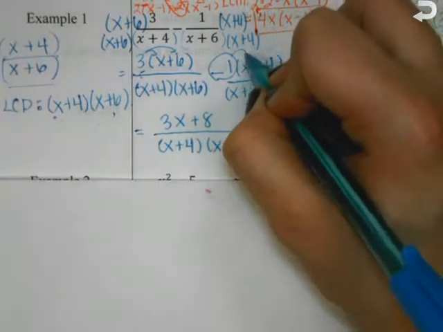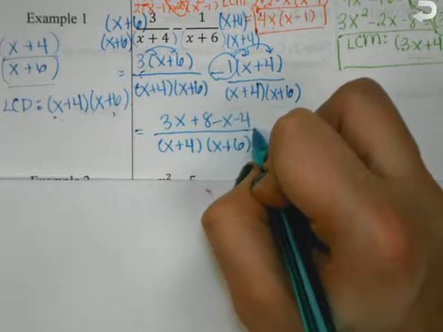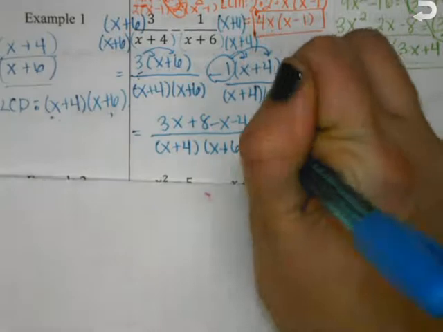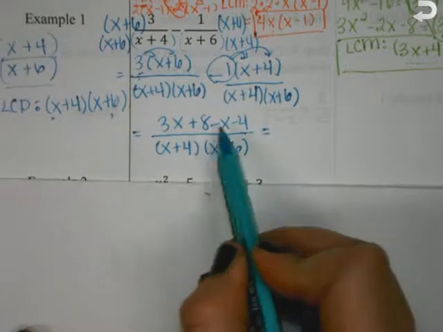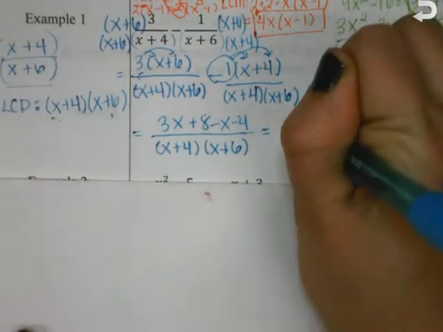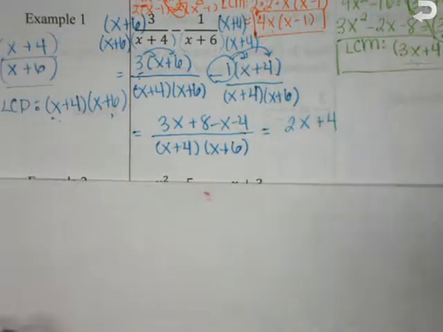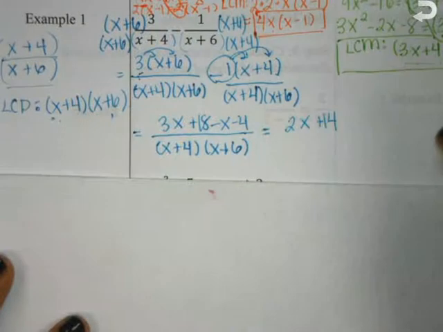So that's minus x minus 4. Almost done. We're going to combine like terms. 3x minus x gives me 2x, plus 18 minus 4 is 14. Then you've got the common denominator, all over x plus 4 times x plus 6.